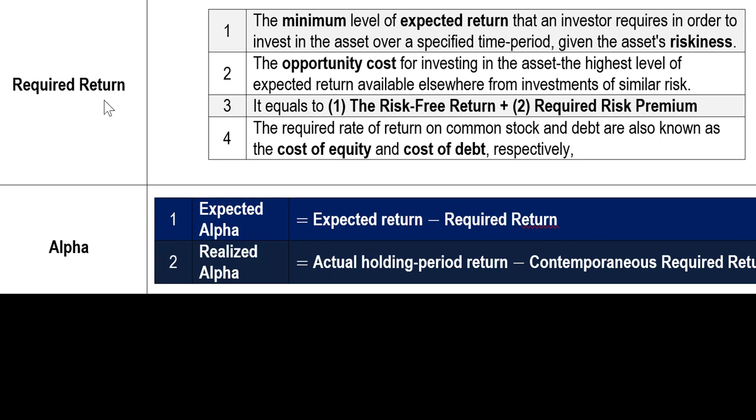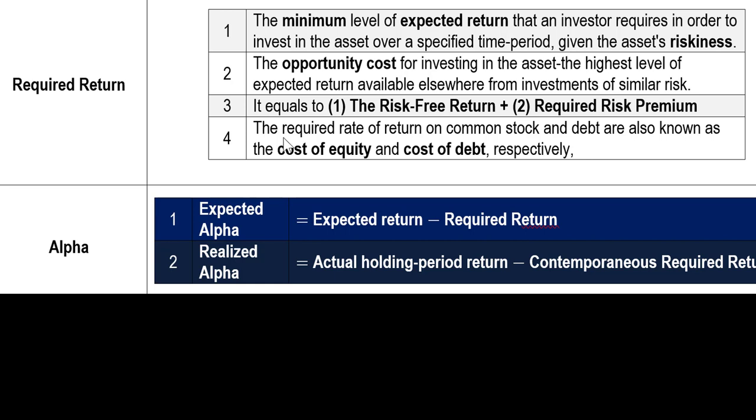To determine whether we accept or reject the project, the discount rate used to determine that value is the required return. It is some kind of required return because the project is an investment that investors require in order to accept. Therefore, any discount rate in project management is a required return and a risk-adjusted return.